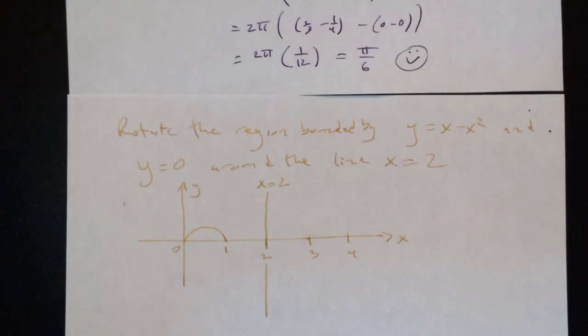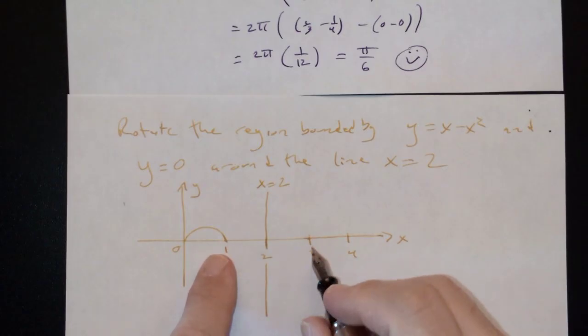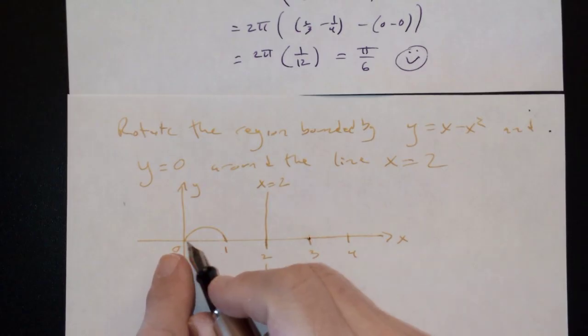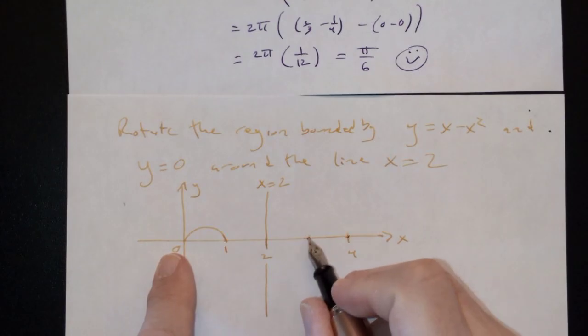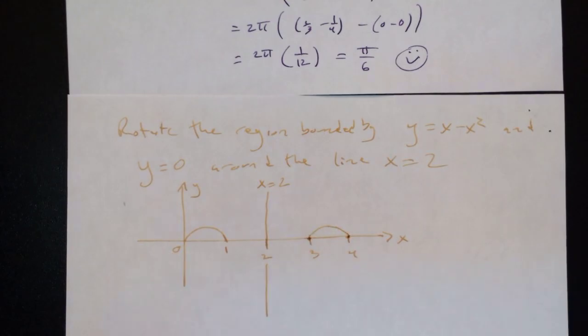So when I rotate around this line, this is going to fold over to here. And that means this point is going to end up here. And this point is going to end up here. And I'm going to have another piece of a parabola there. Let's pick any x in the original piece of the curve.